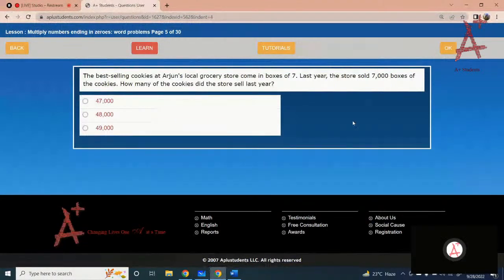Okay, the next one is the best selling cookies at Arjun's local grocery store come in boxes of 7. Last year, the store sold 7,000 boxes of the cookies. How many of the cookies did the store sell last year? So basically, you have to do 7 times 7,000.